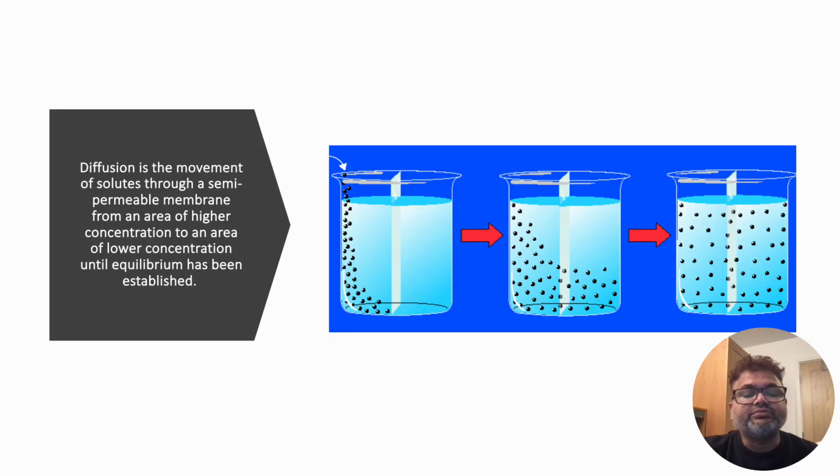Coming to diffusion, we must have read throughout our medical training what diffusion is. It's a movement of solute through a semi-permeable membrane from an area of higher concentration to an area of lower concentration until equilibrium has been established.